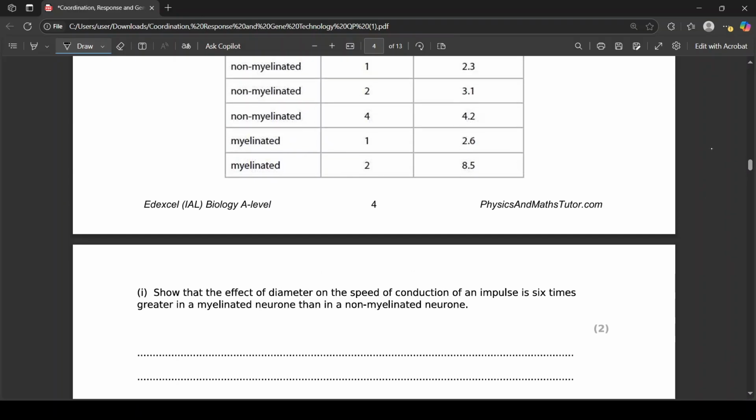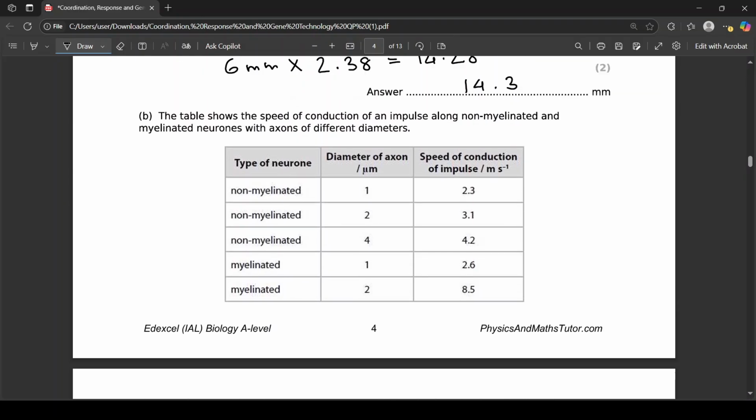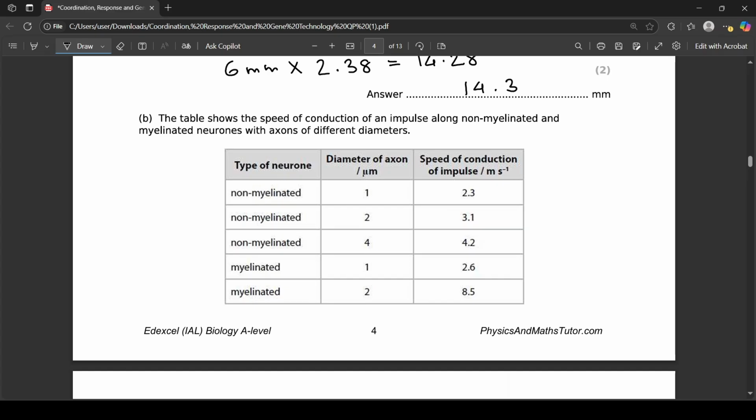How we can do this math, I'm showing you right over here. Basically, let's just calculate the mean, okay? Myelinated mean increase.